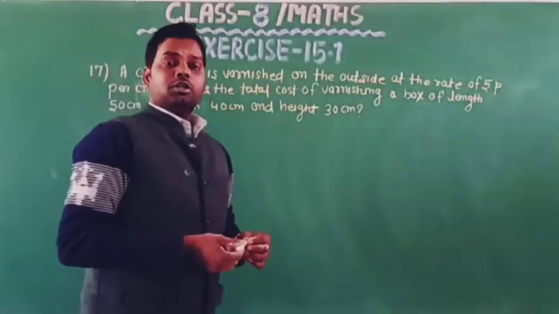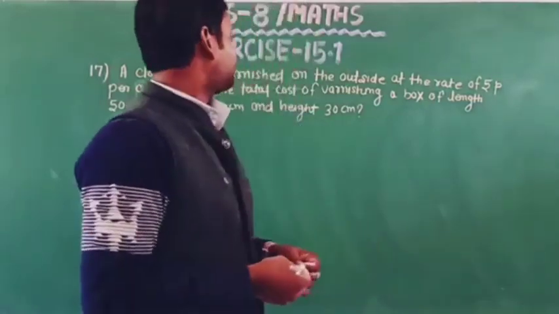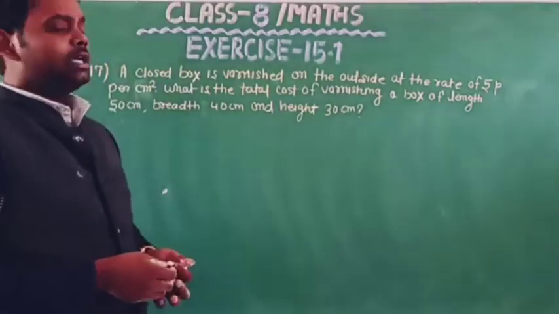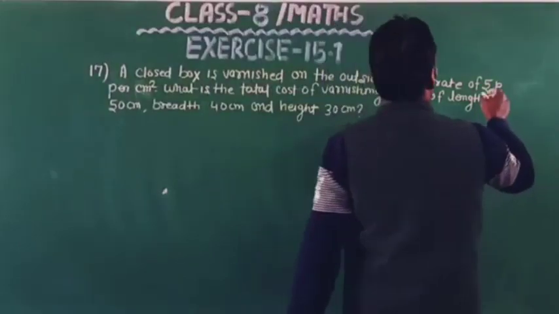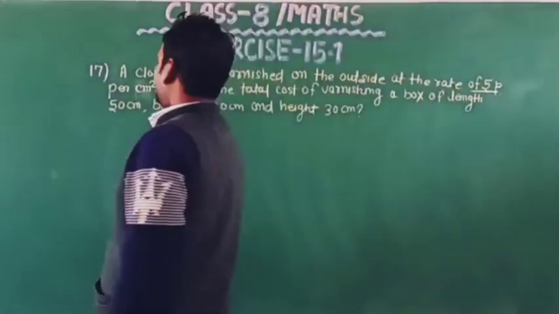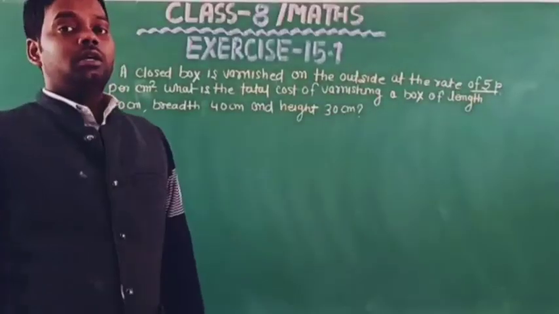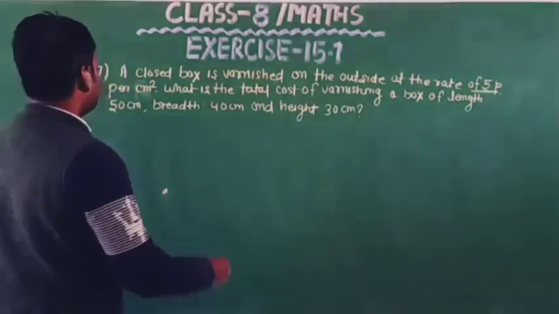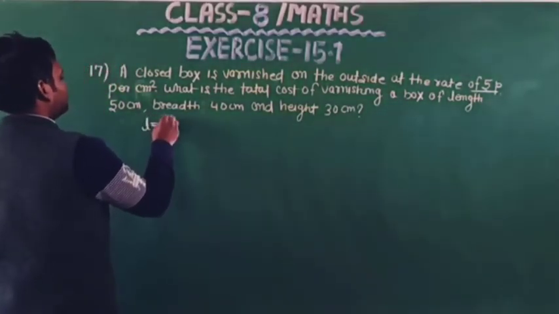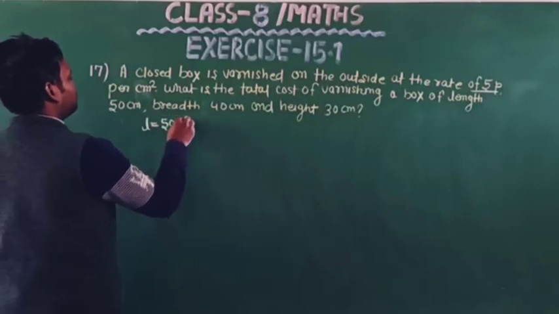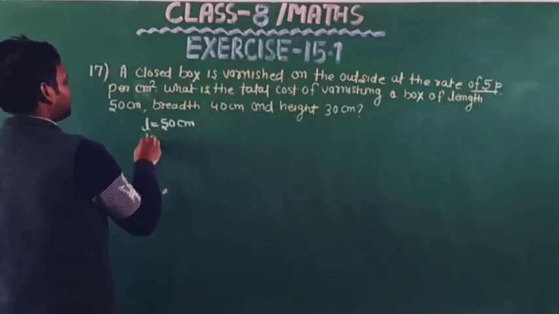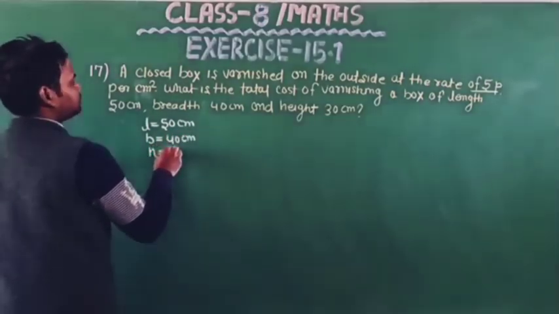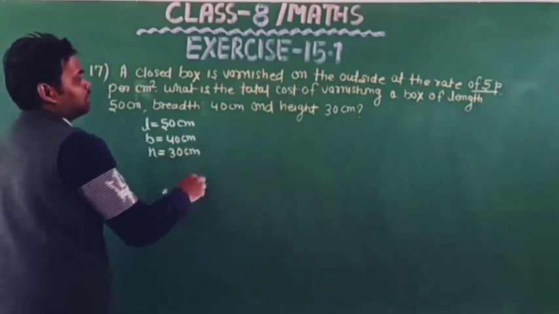So we have the dimensions of the box: length equals 50 centimeter, breadth equals 40 centimeter, height equals 30 centimeter.